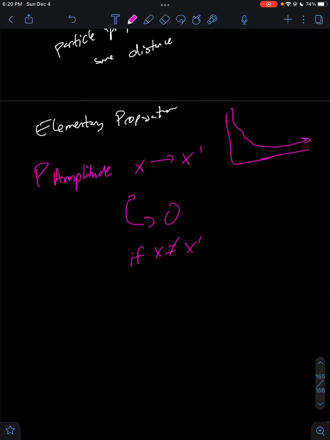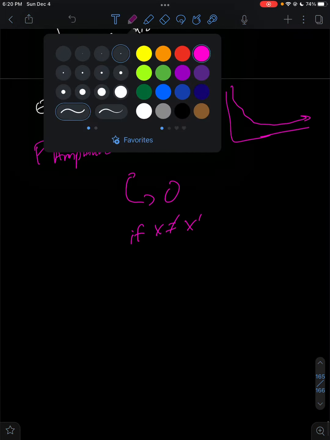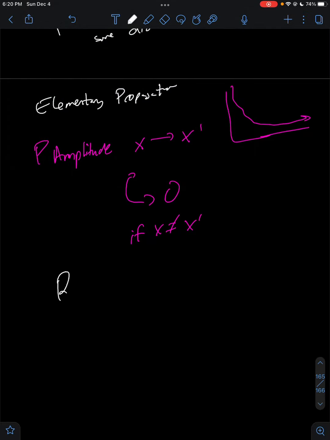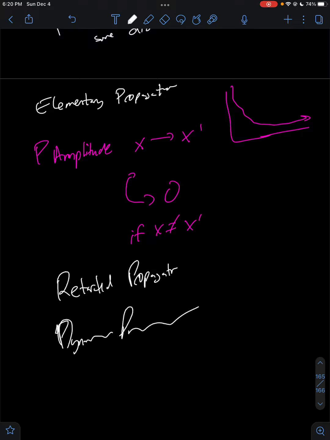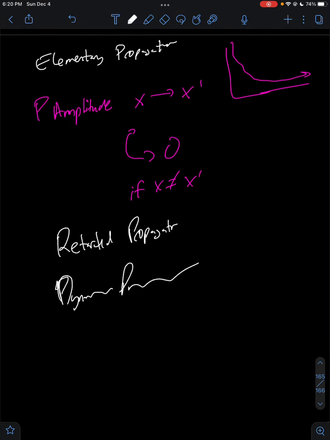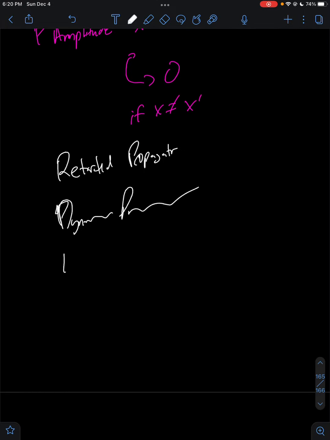We are going to encounter some new propagators in the future. We will encounter the retarded propagator. We will encounter the dynamical propagator. I'm not going to bother spelling it. And then the most important propagator that we'll encounter shortly is what's called the Feynman propagator.